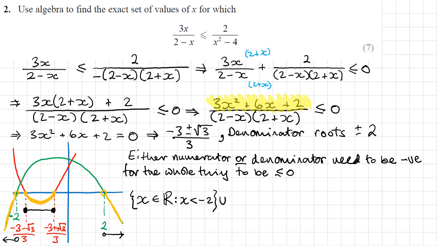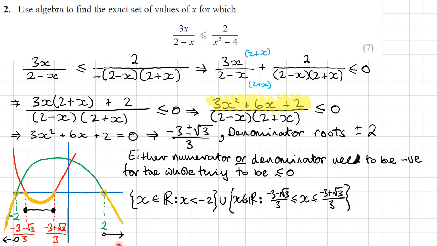Then we'll go on to the second one. So we need a union because it's basically going to be all three of these. And the middle one here, this is where x is between these two values, the minus 3 plus or minus root 3 over 3, and it's equal to, because the numerator can be 0 but not the denominator.